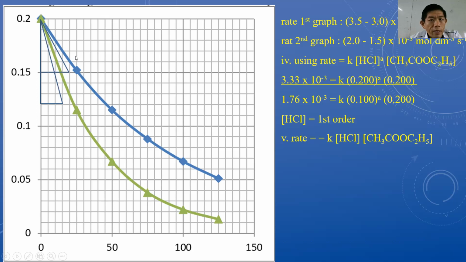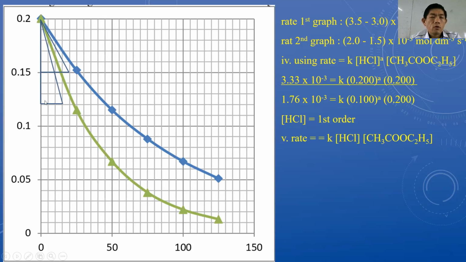After you plot the graph, you need to calculate the initial rate. So the initial rate for the first graph is 3.5 minus 3.0 times 10 power negative 3 per second. So you get this initial rate. And then for the second graph, you get the initial rate for this one.